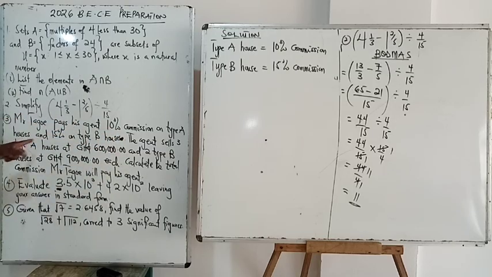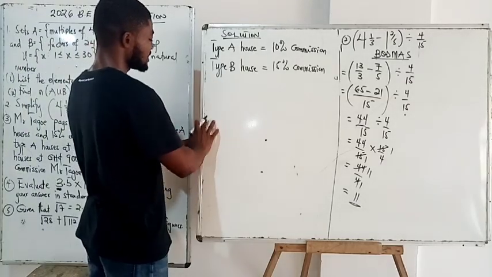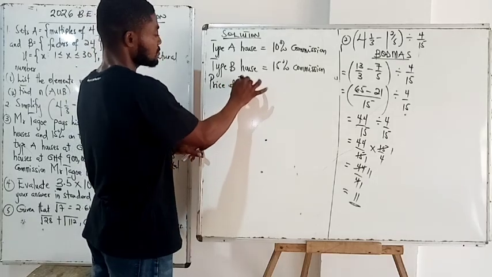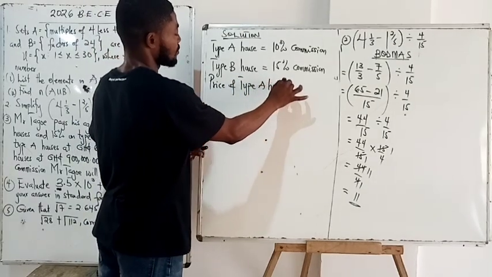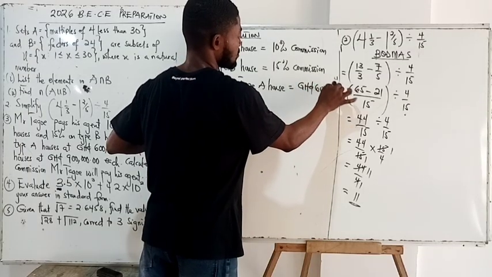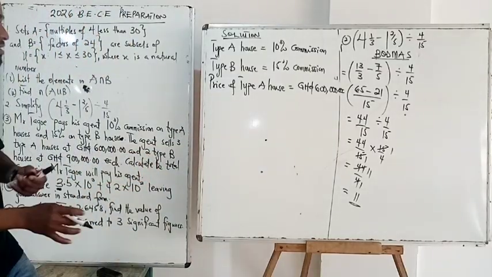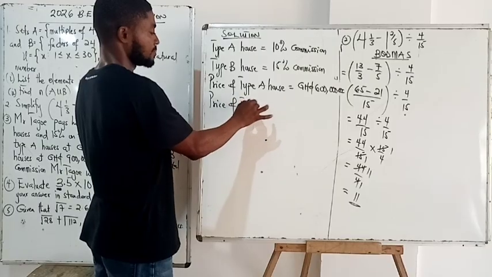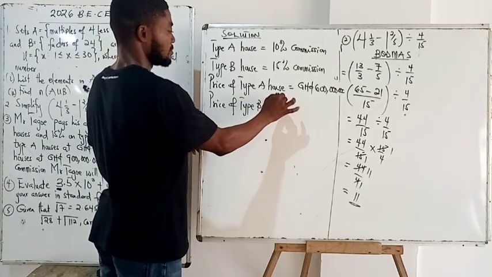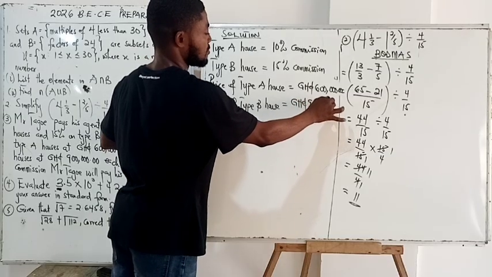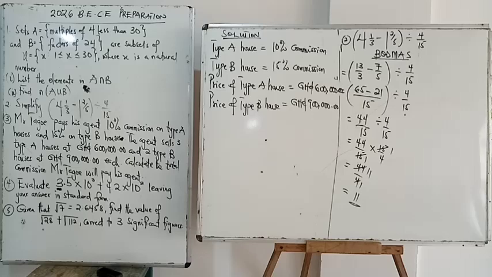The agent sells 3 type A houses at 600,000 Ghana cedis each. So the price of, let's say, a type A house, Ghana cedis 600,000, and then the price of a type B house is given by 900,000 Ghana cedis.